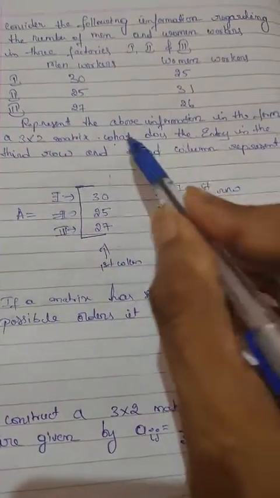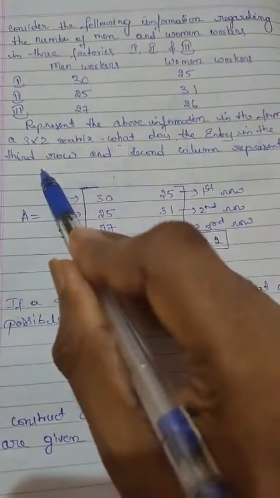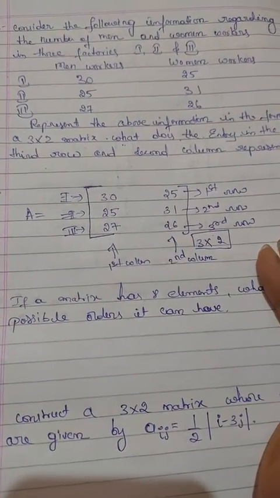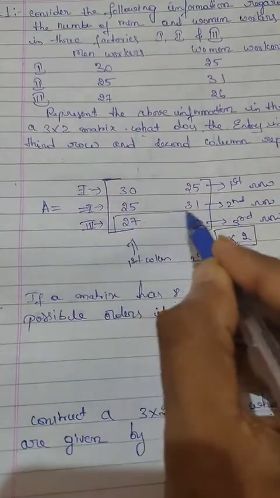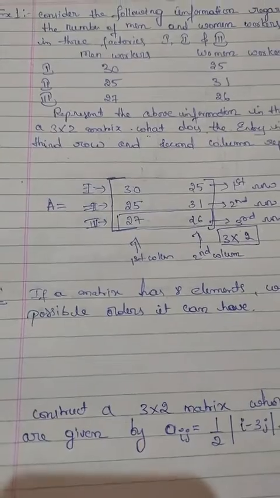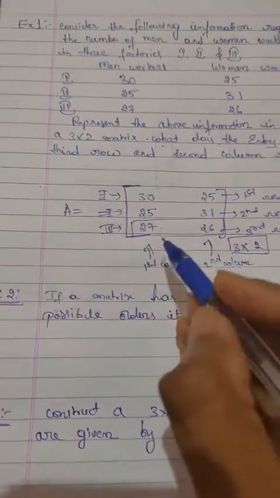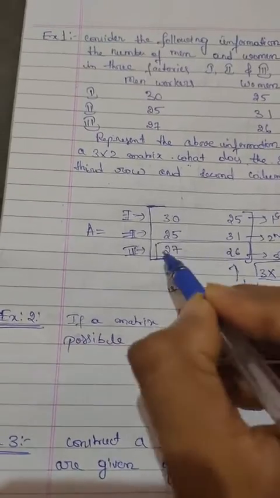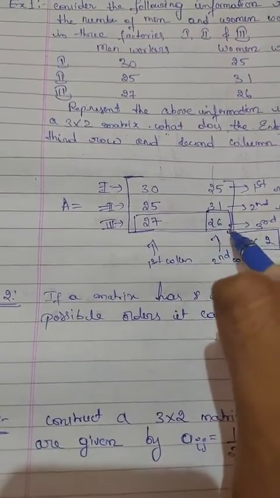So the given question is, what does the entry in the third row and second column represent? Third row means the values are 27 and 26, and second column. See, third row, second column, the coincident point. The value is 26.